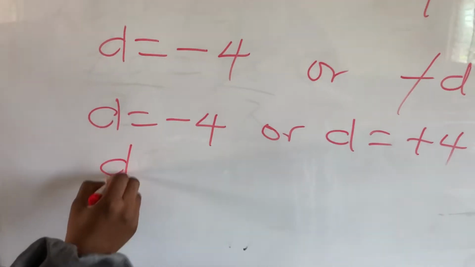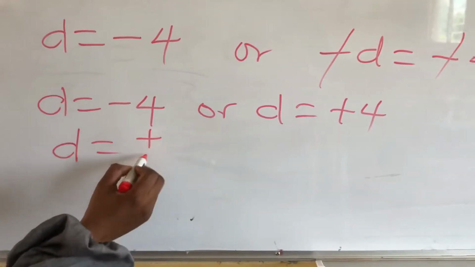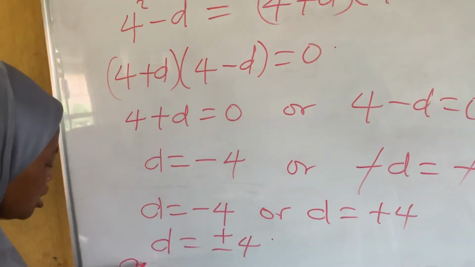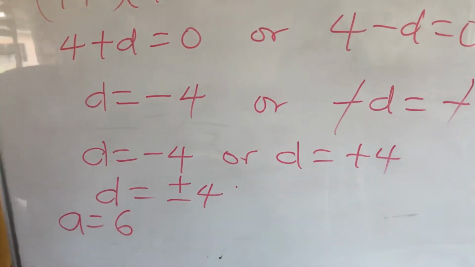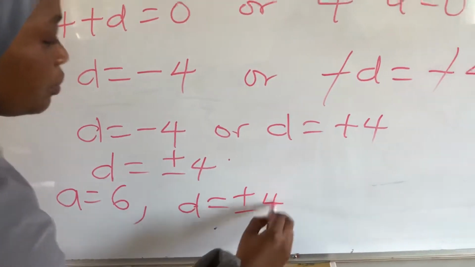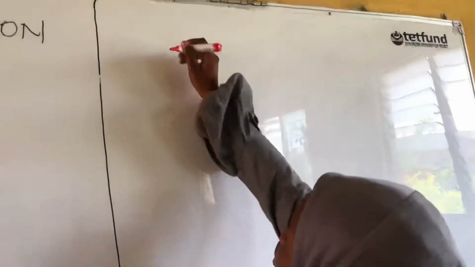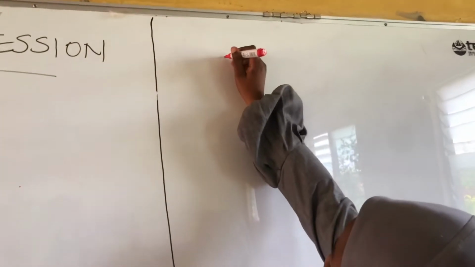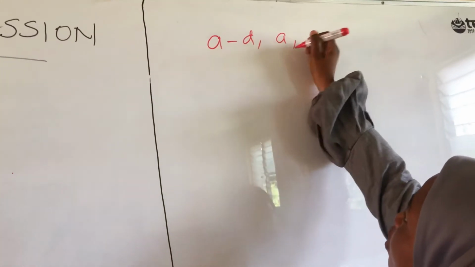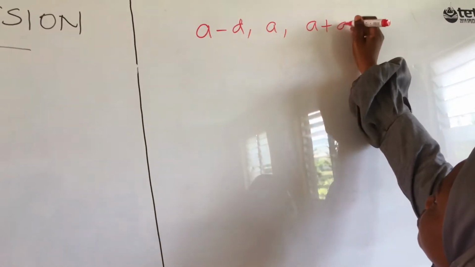Invariably, we can say D is equal to plus or minus 4. So we have known A, the value of A we got to be 6, and D is equal to plus or minus 4. The consecutive terms that we used were A minus D, A, A plus D.